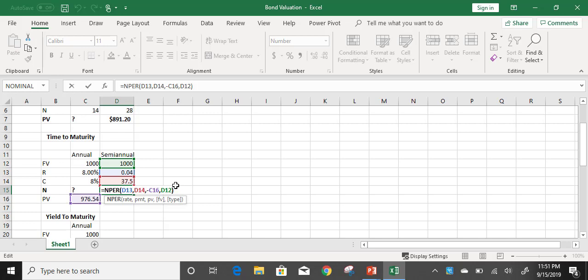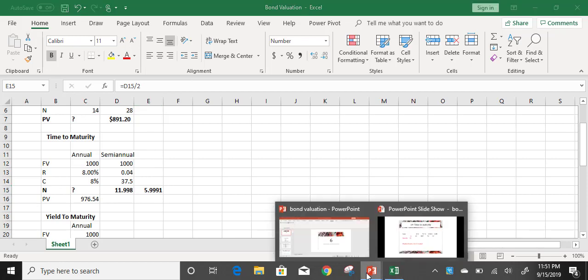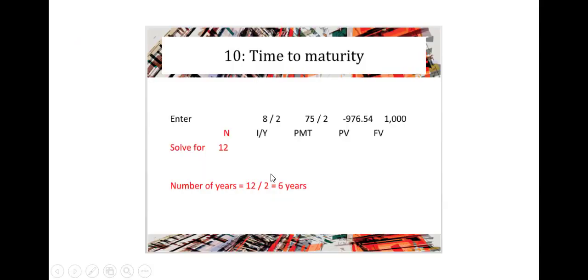Then the cell for face value, which is 1000, and when you press enter you'll get the number of periods. But it asks you to find the number of years, so it has to be divided by 2. So this is how Excel is used to find the time to maturity of the bond.